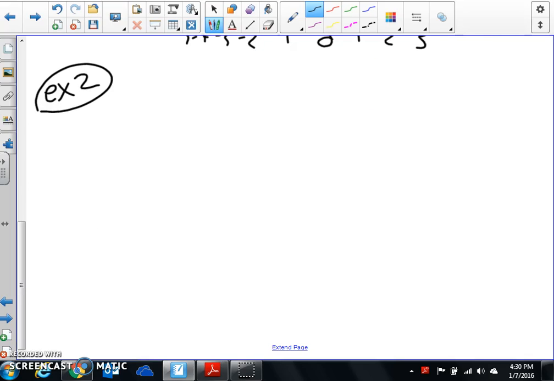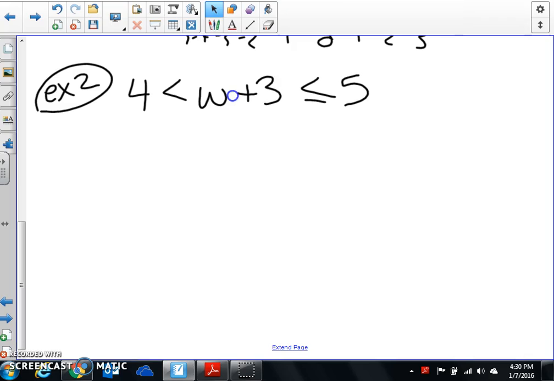Okay? Example 2. They could also show you like this: 4 is less than w plus 3 is less than or equal to 5. All right, so now you say to yourself, well, Ms. Beck, I don't see an "and" anywhere. Here's the biggie for compound inequalities.